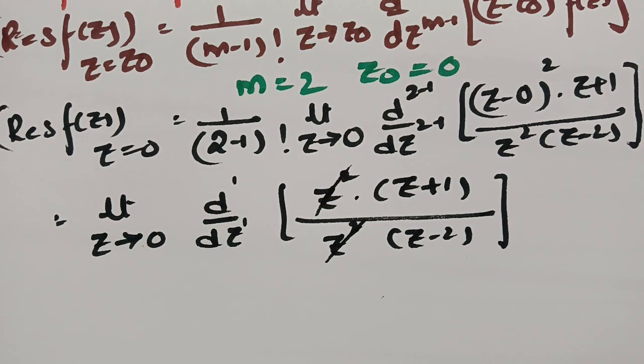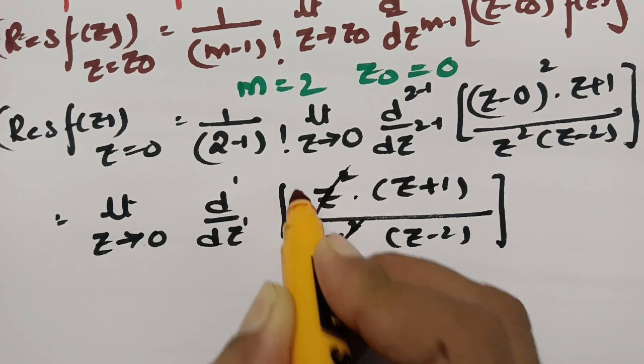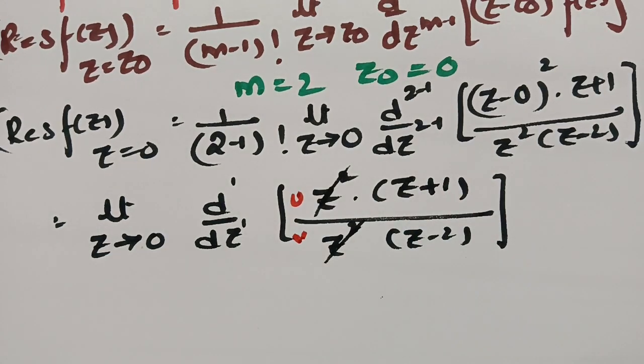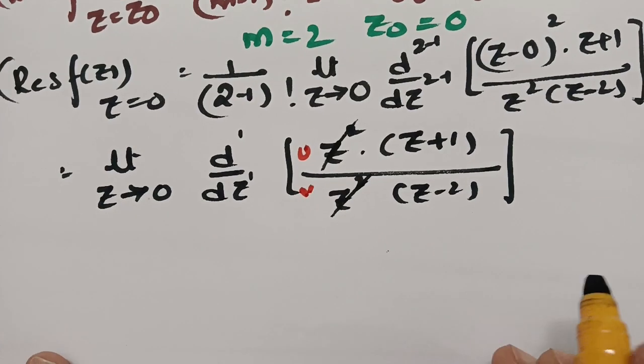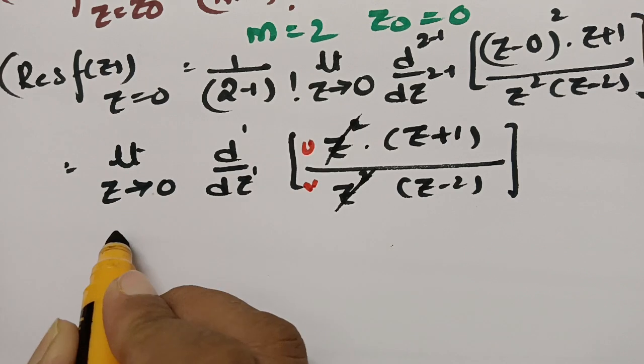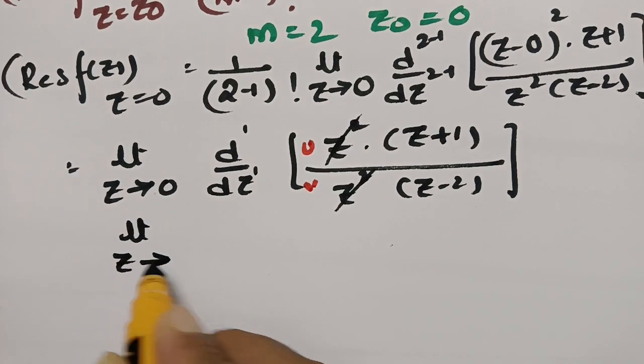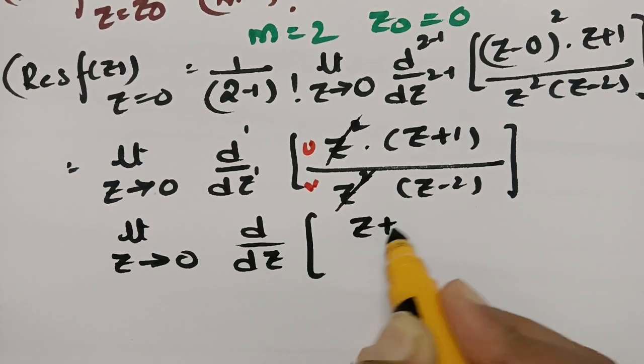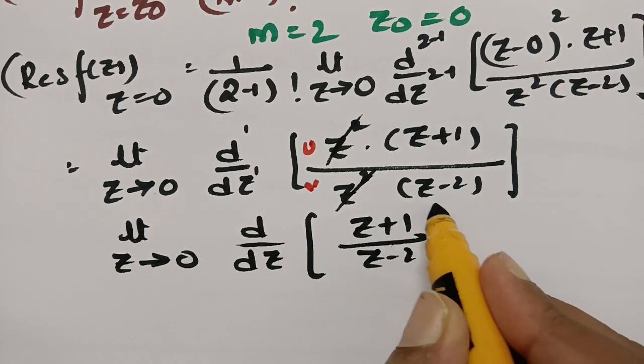In order to make the derivative, this is of the form u by v. So I am writing limit z tends to 0 of d by dz of the rest of the function, that is (z plus 1) by (z minus 2).